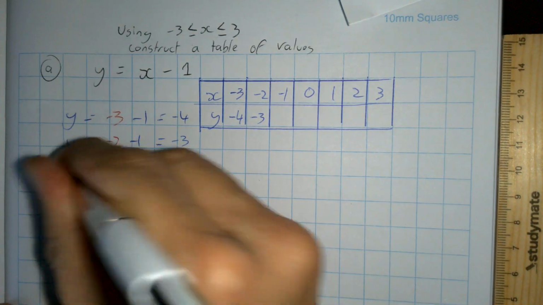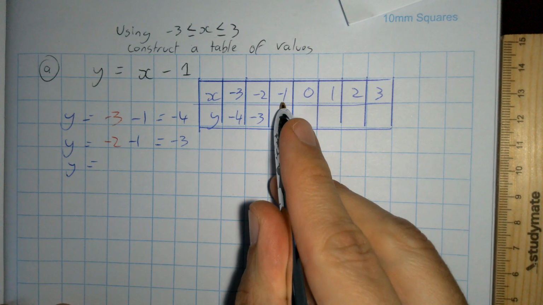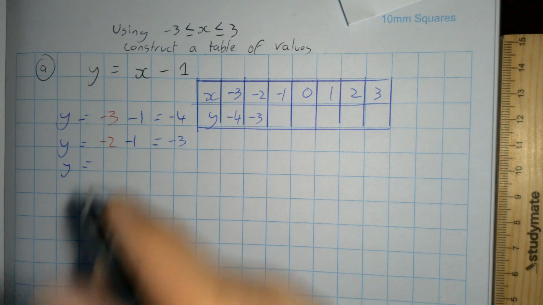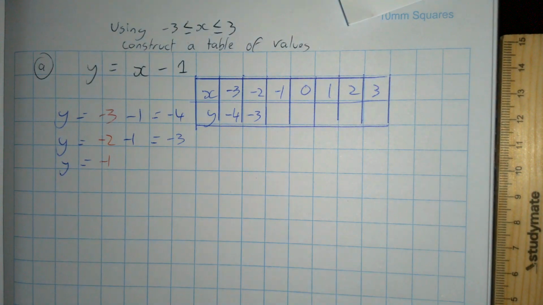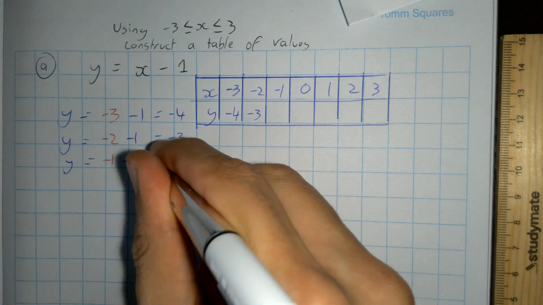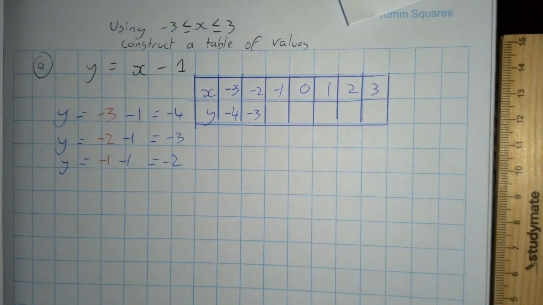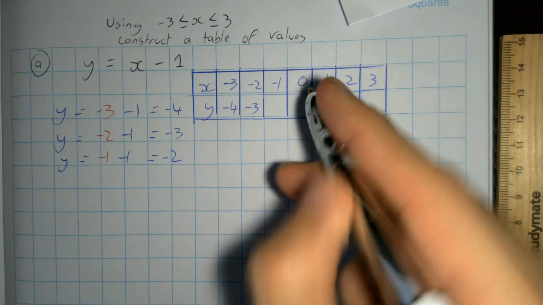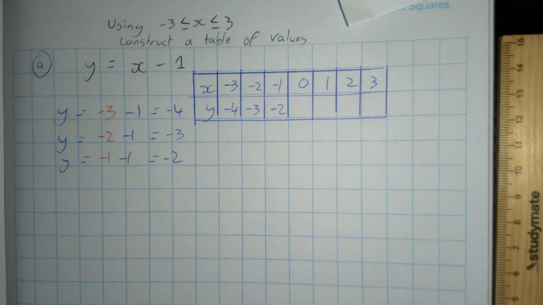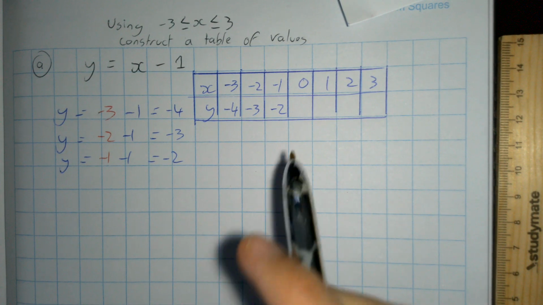One more. y equals, next one will be minus 1. -1 - 1 equals minus 2. So minus 2 will be the answer that I'll put over here. We should probably see that there's a bit of a pattern.